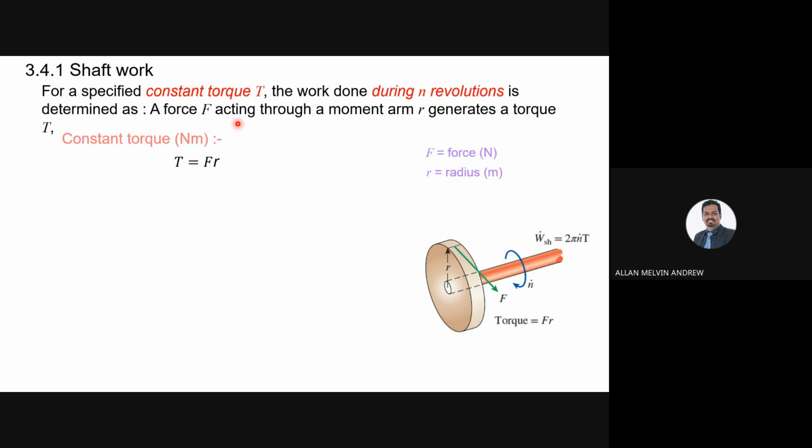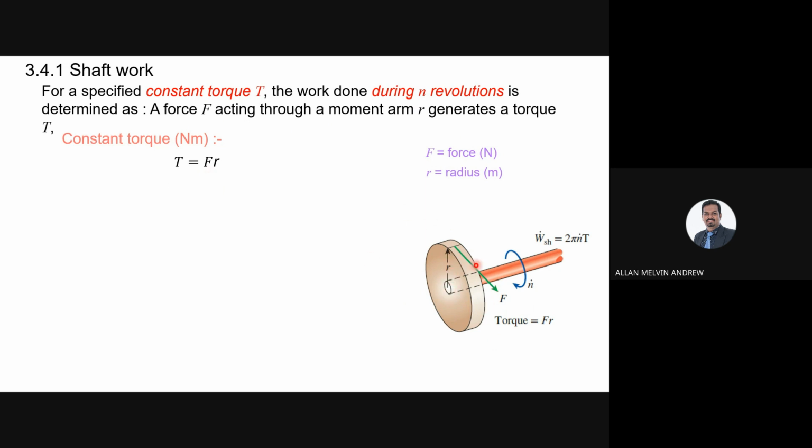A force F acting on a moment arm with radius r generates a constant torque. This is the formula for torque: torque equals F times r, where F is in the direction tangential to the circle and r is the radius.